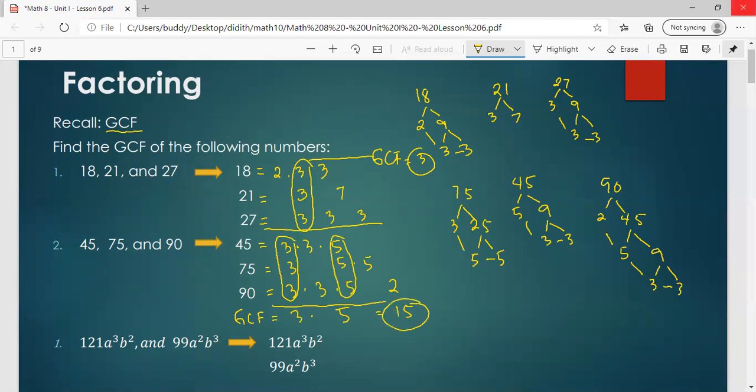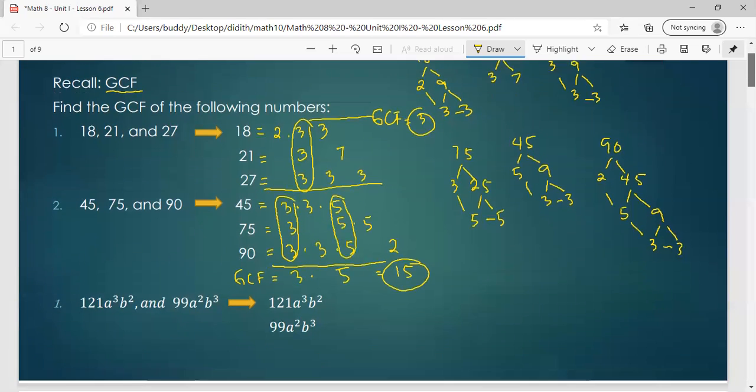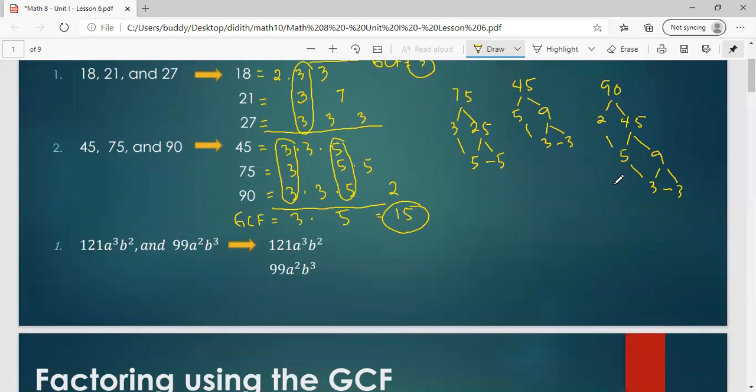Now the question here is, how do we work on the GCF for algebraic expressions like 121a cubed b squared and 99a squared b cubed? Same with what we did in the previous examples. For 121, we know that this is 11 times 11. Now we will factor out the variables. When we say a cubed, this is a times a times a. When we say b squared, this is b times b.